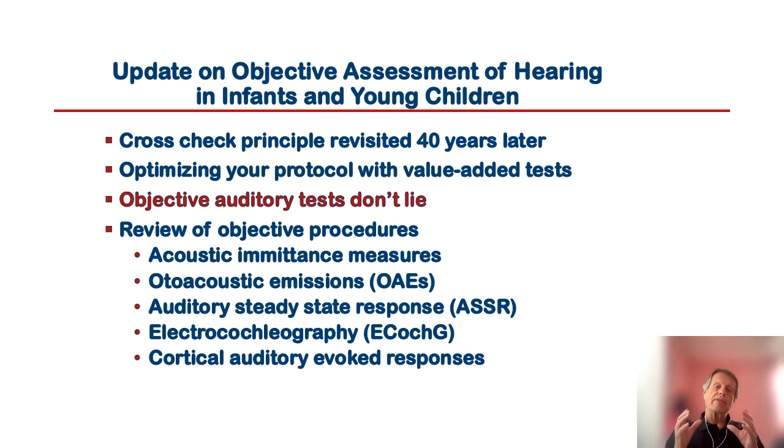So if you have a child whose audiogram looks normal, and yet the OAEs are abnormal or the ABR suggests a hearing loss, then they do have a hearing problem, even though the audiogram is normal.